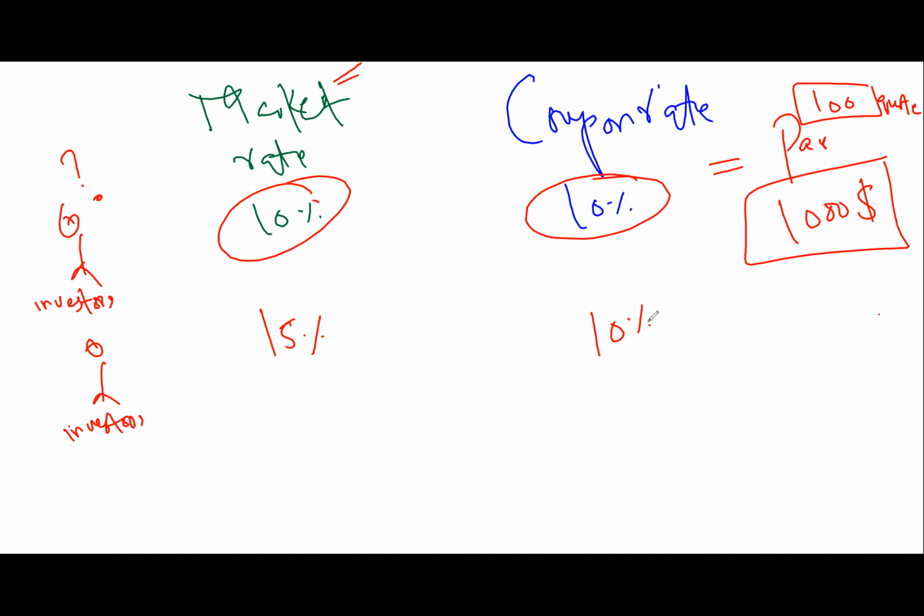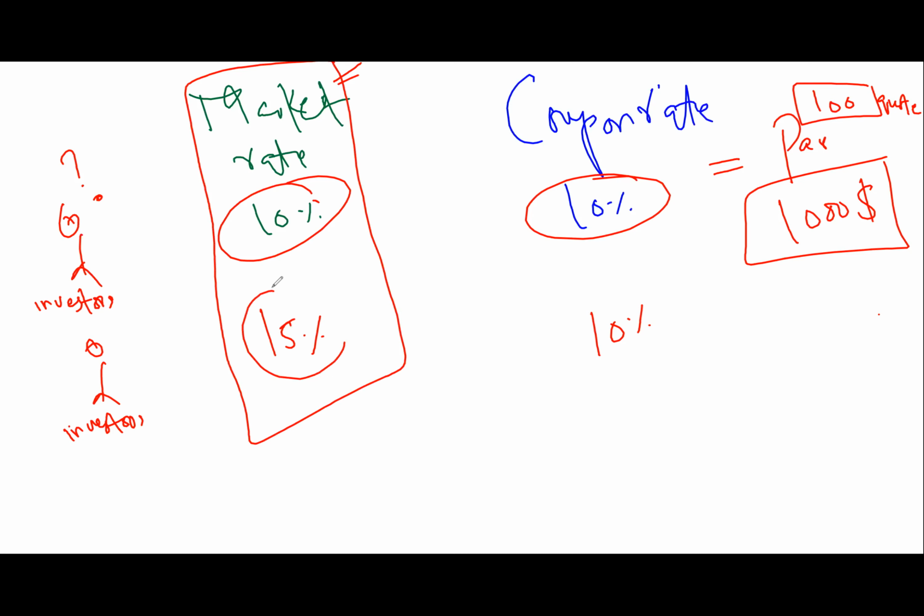We should take our money out of this company and invest at the bank rate or market rate to get this 15% because we want a higher return. We want to increase our wealth. What happens to the price of the bond? The price of the bond decreases. Why? Because the demand for the bond decreases.